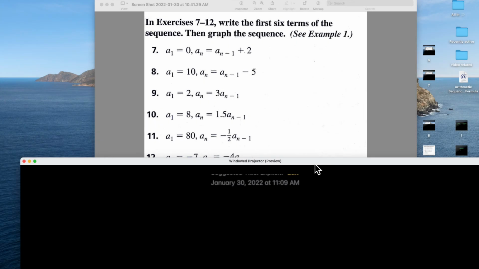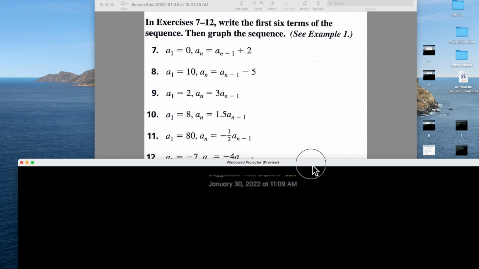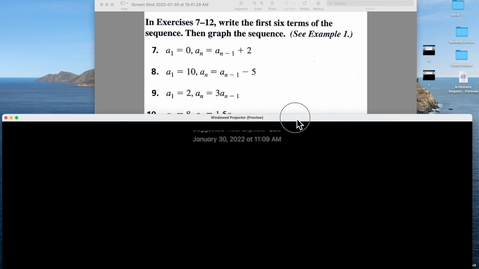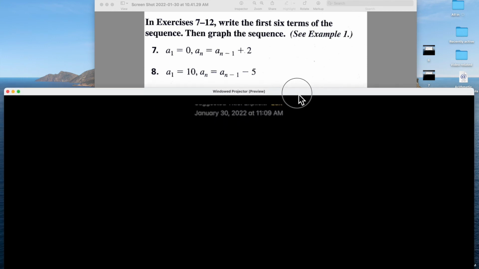Okay, let's return to this section of the homework where we're asked to list the first 6 terms of the sequence and then graph it. So before, I conveniently skipped over the geometric sequences. I knew these were arithmetic because to get the value at a sub n, you go to the position before it and you add, or you subtract.